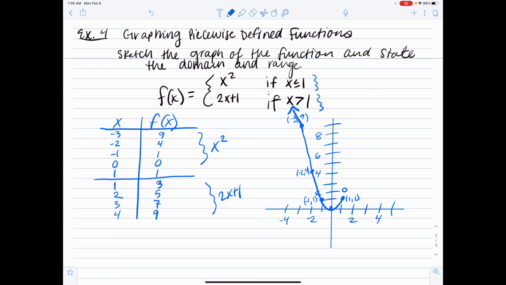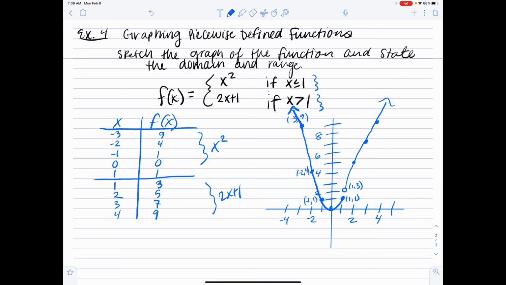So that's 1, 3, and then 2, 5, 3, 7, 4, 9. And if my graph was perfectly straight, it would be a straight line. This is a linear function. Okay, and it goes on forever in the positive direction because x can be greater than 1 for that one.